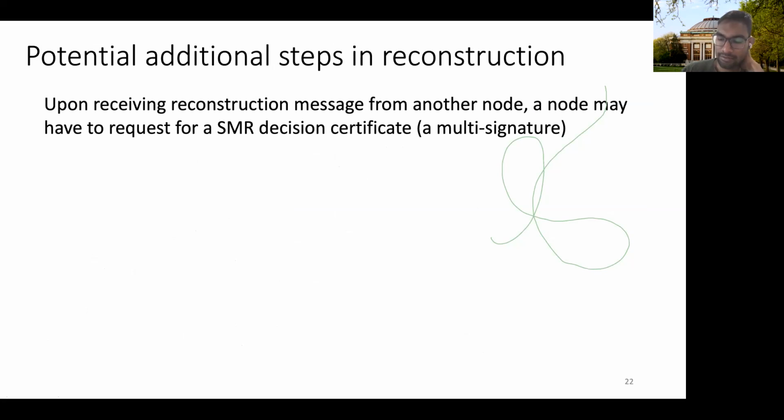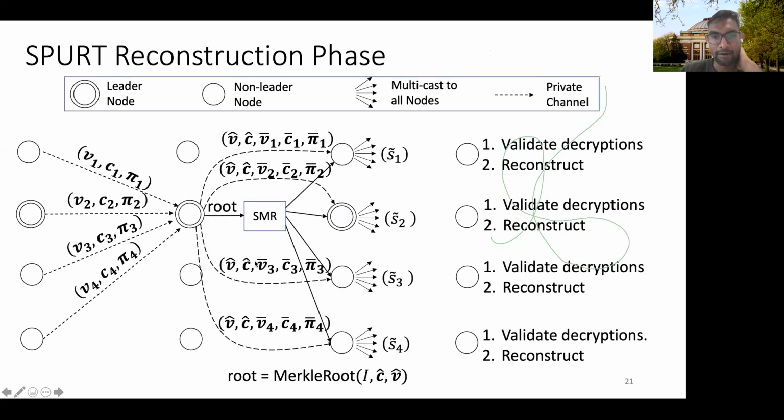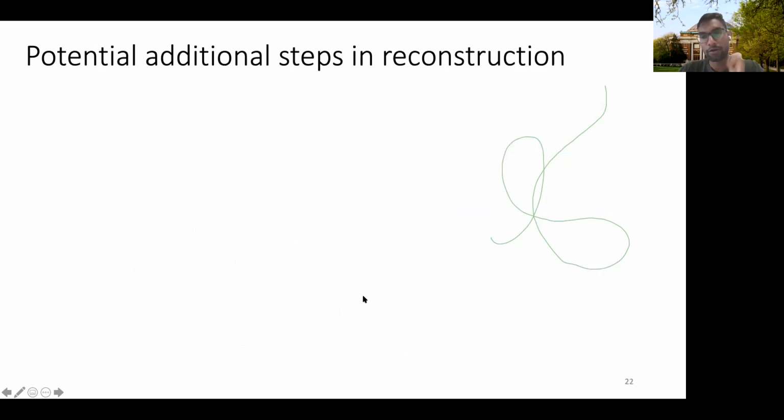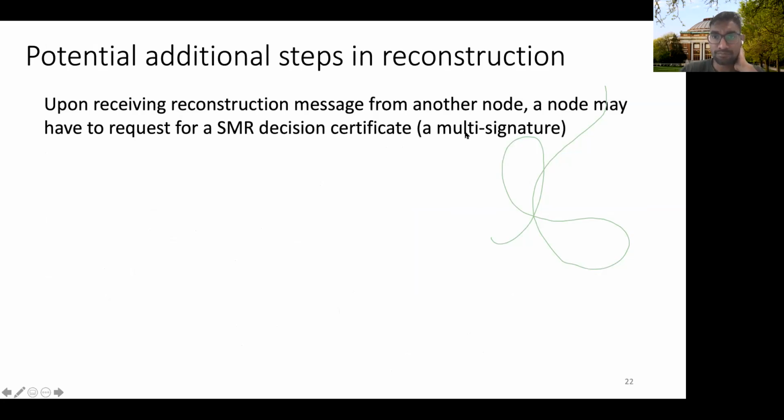Another subtlety is that a malicious leader might convince a few honest nodes that the broadcast terminated correctly, like the root SMR decision was made correctly, but other honest nodes may remain oblivious to the SMR decision, that is, whether we have finalized the output of the broadcast or not. To accommodate this, whenever an honest node decides, it sends its decrypted share to everybody else.